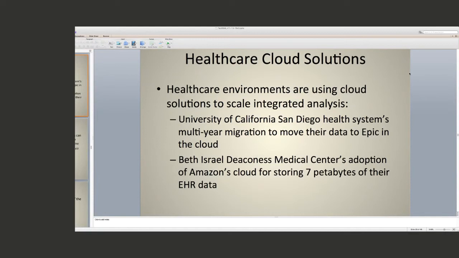And Beth Israel Deaconess Medical Center adopted Amazon's cloud for storing 7 petabytes of their EHR data. People are already making this move of their entire healthcare record system into Amazon's web service. So this is happening currently.